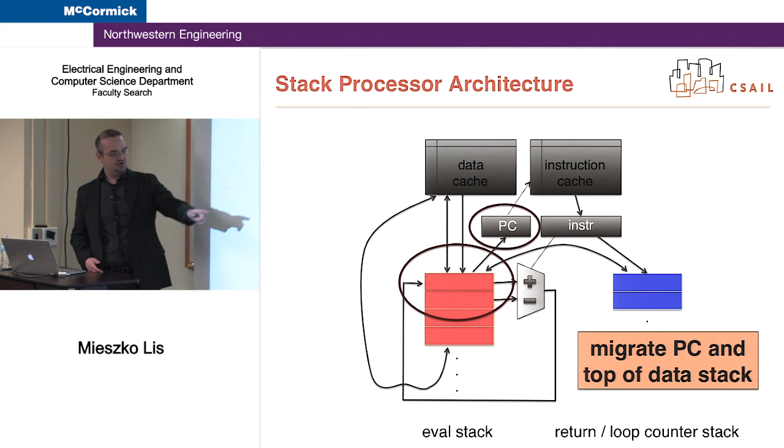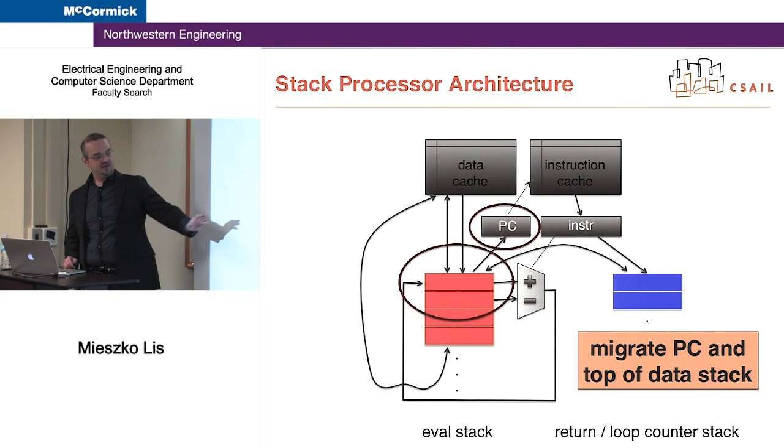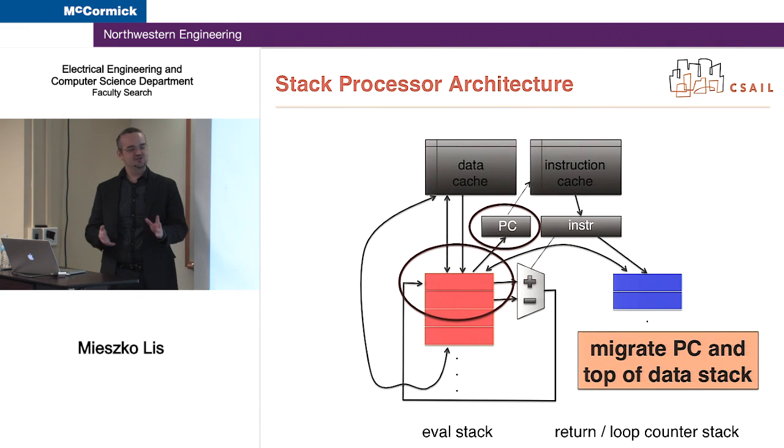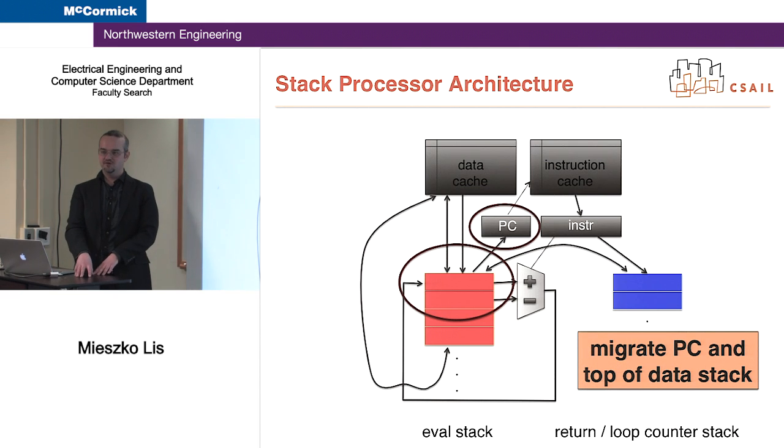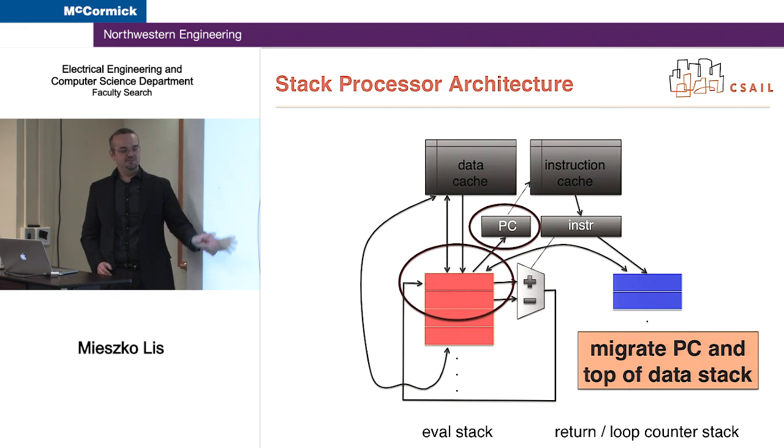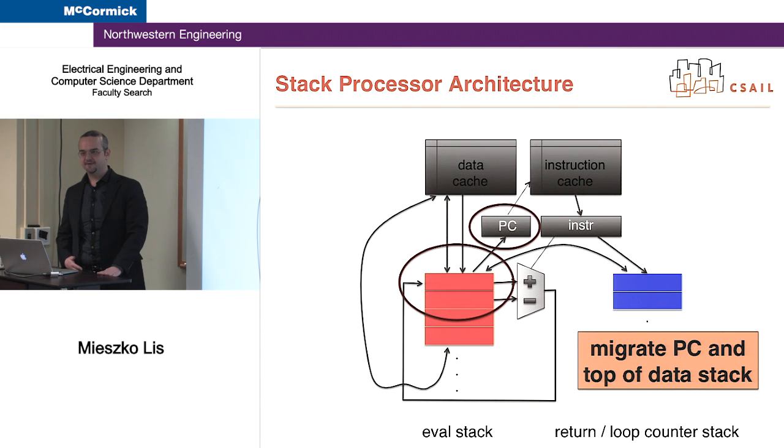You only migrate the program counter and the top of the data stack. It's sort of an underhanded trick, because we've moved the problem of choosing which piece of data to migrate up to the compiler, because the compiler will effectively keep the most used data on top of the stack.